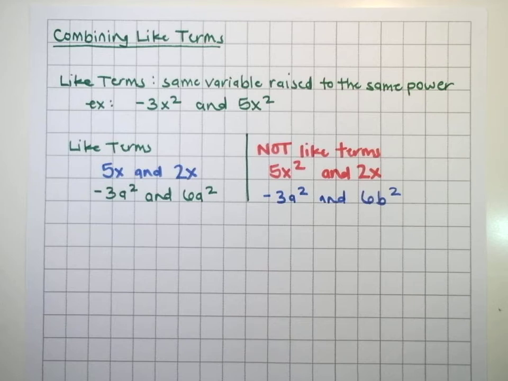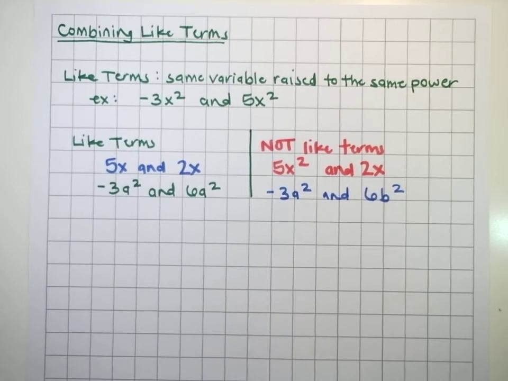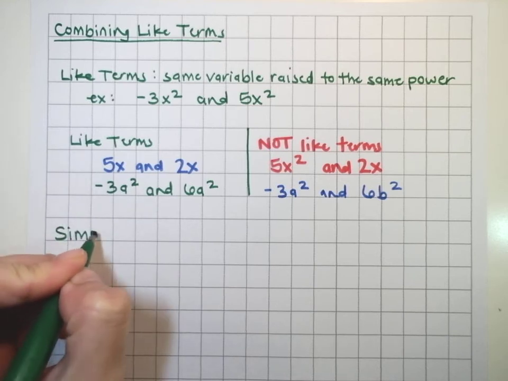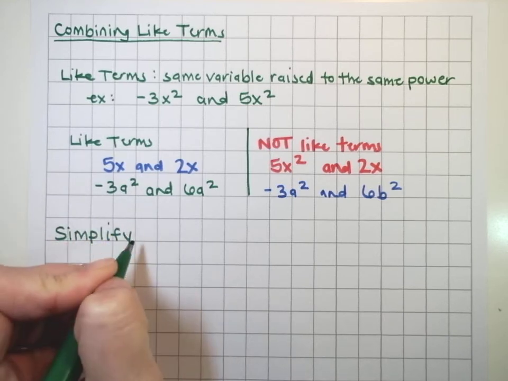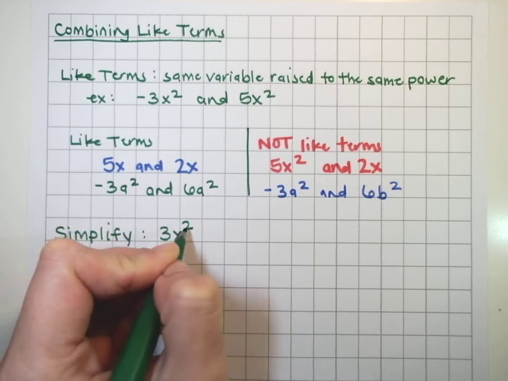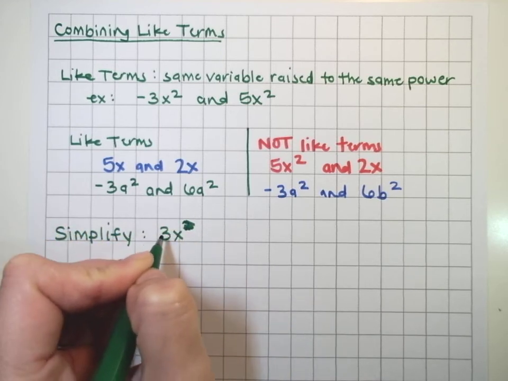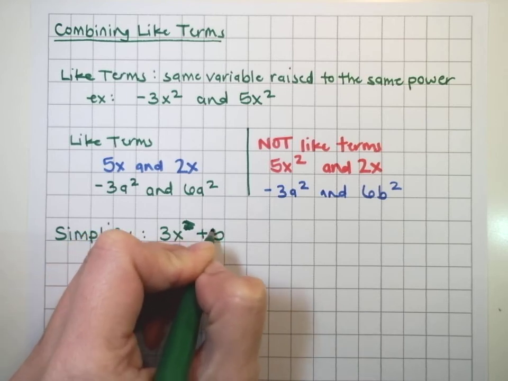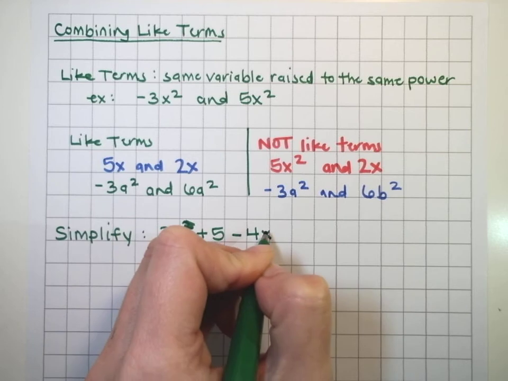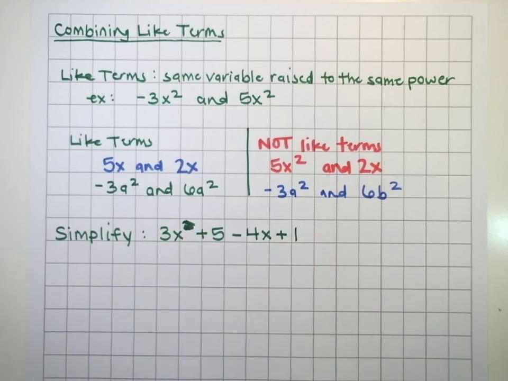Okay, so now that we understand what are like terms, let's go ahead and get into combining like terms. So we have an expression like 3x plus 5 minus 4x plus 1.